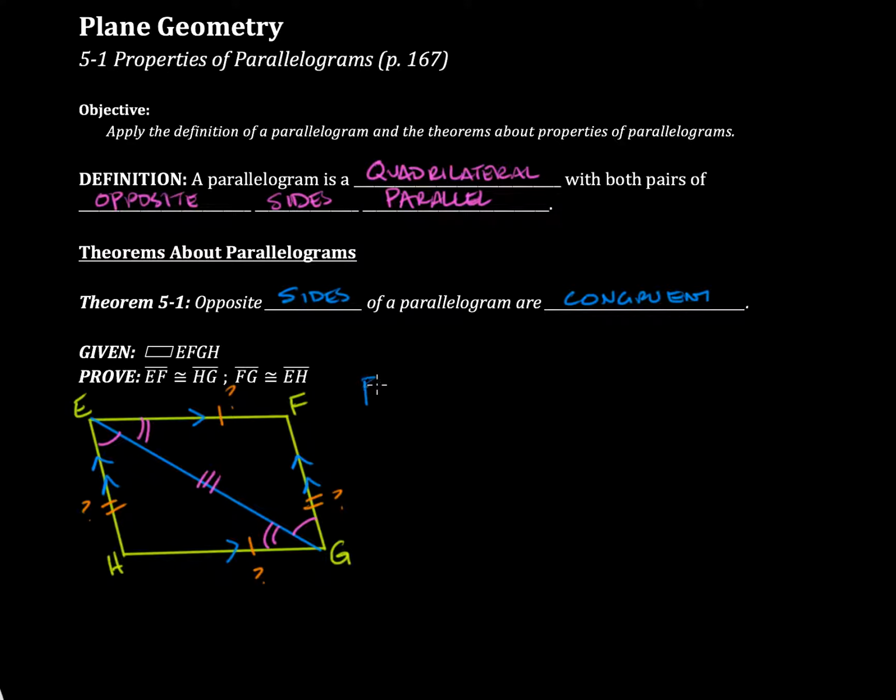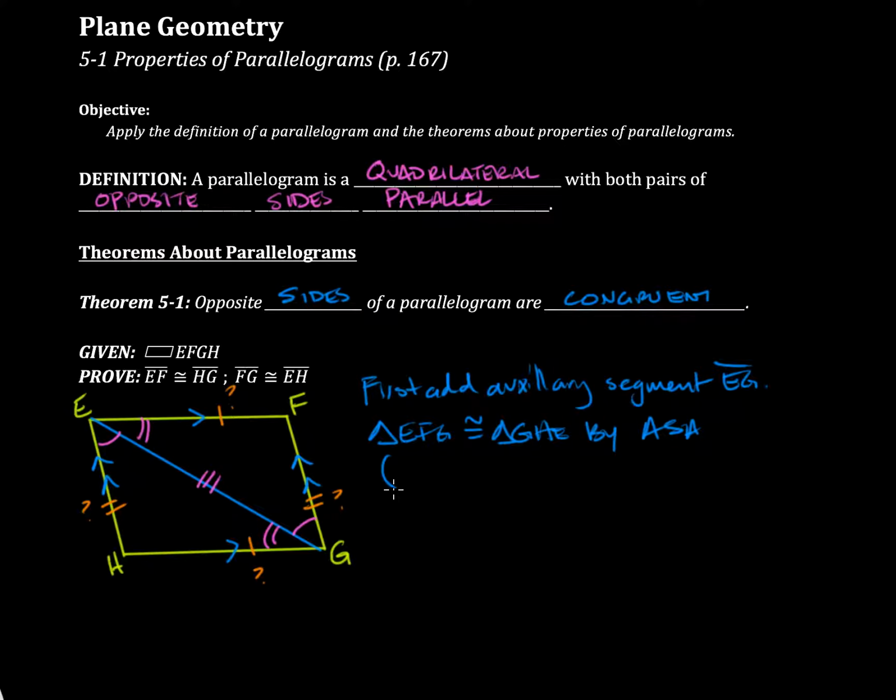First I'll say, first add auxiliary segment or line EG. Triangle EFG is now congruent to triangle GHE by angle, side, angle. And then in parentheses I'll say that EG is congruent to itself, pretty self-explanatory by the reflexive property.